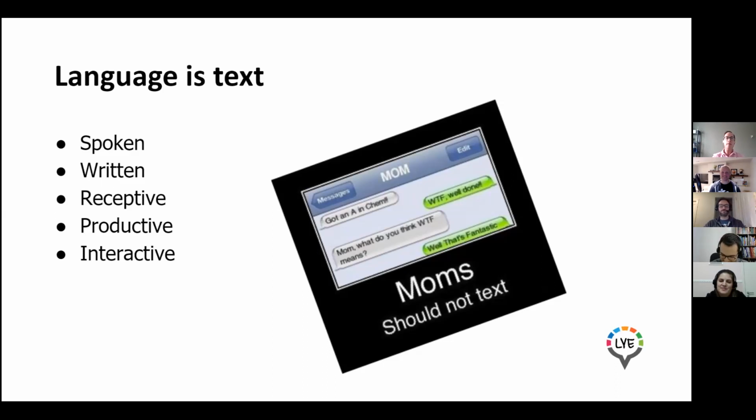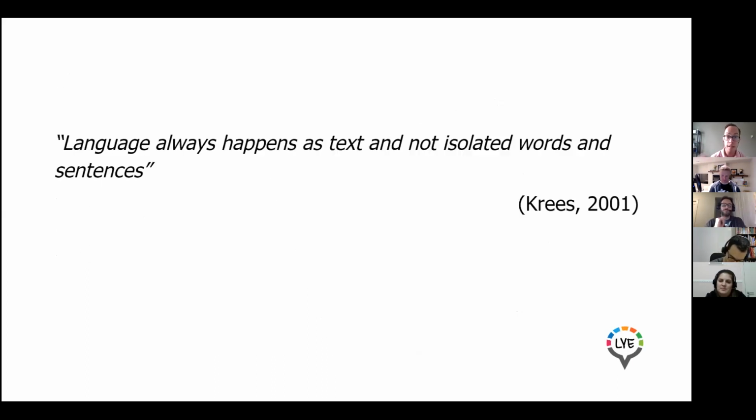And again, we're thinking about the worlds of our students and the worlds that they would like to enter, or their discourse community, and how we can help them along this process. And the key, I think, going back again, comes from Kress, and that is that language always happens as a text and not just in isolation. And I would argue also happens within a specific context as well.